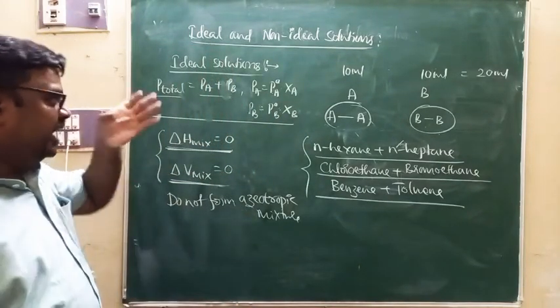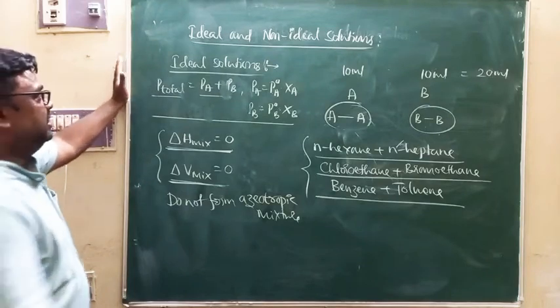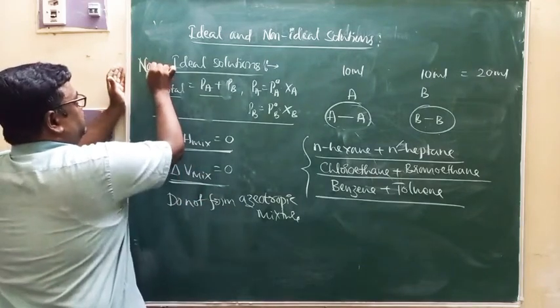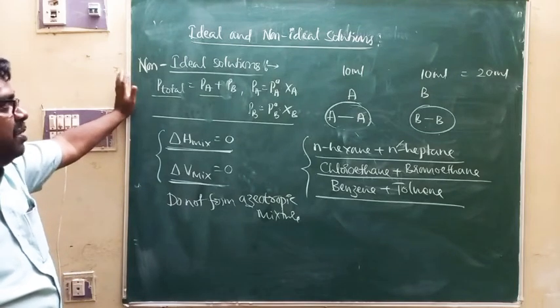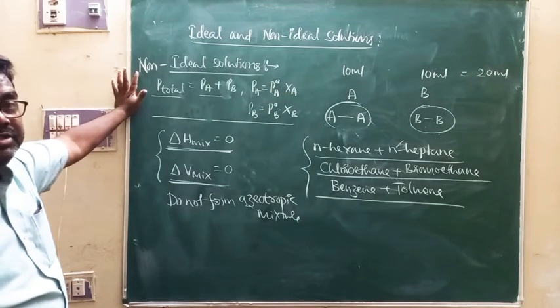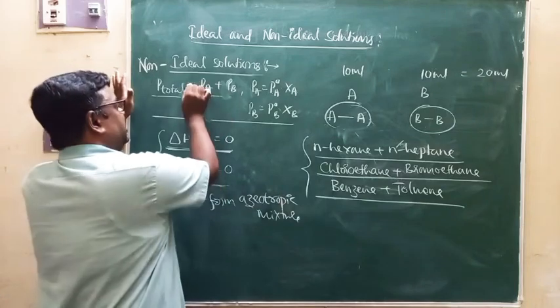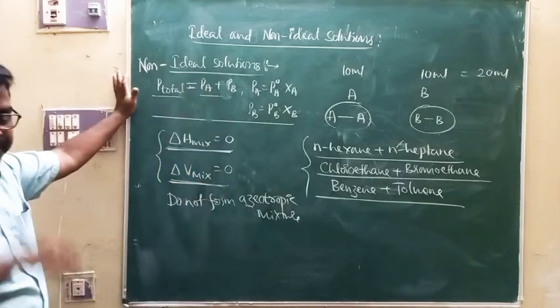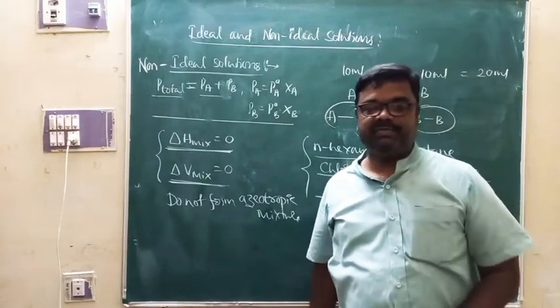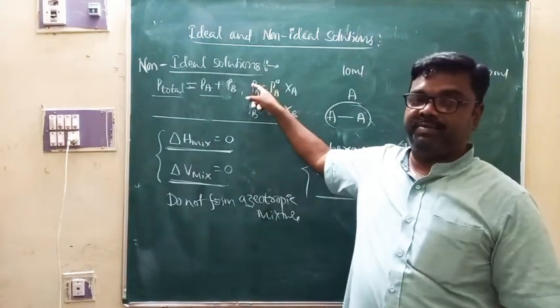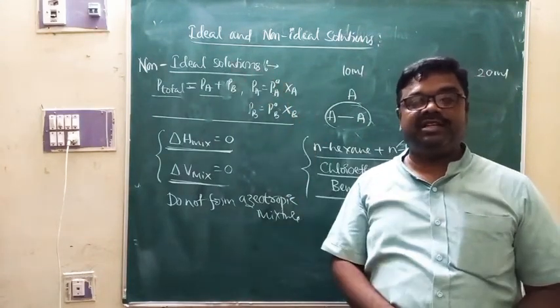And as far as non-ideal solutions are concerned, exactly opposite to this. Non-ideal solutions will have exactly opposite properties, right? The properties of non-ideal solutions will be exactly opposite to those of ideal solutions. Non-ideal solutions do not follow Raoult's law of vapor pressure over the entire range of concentrations and temperature.